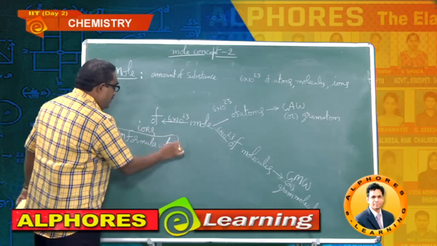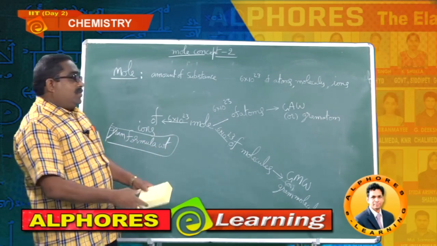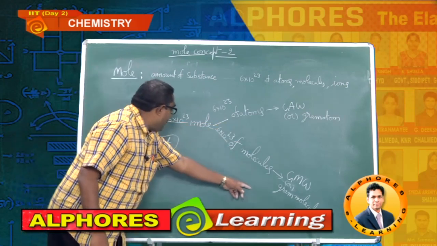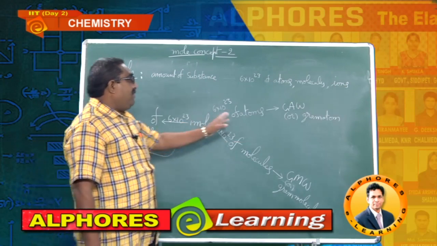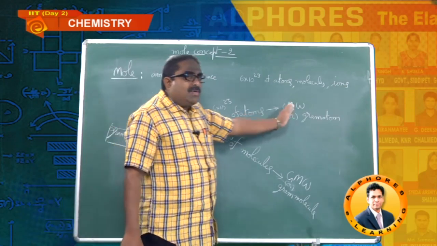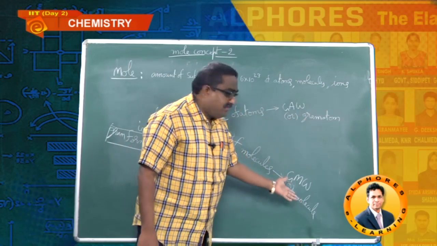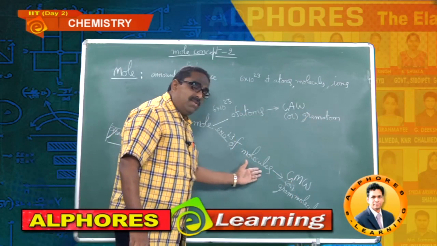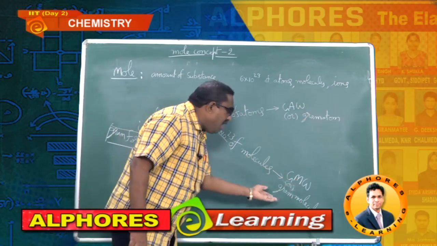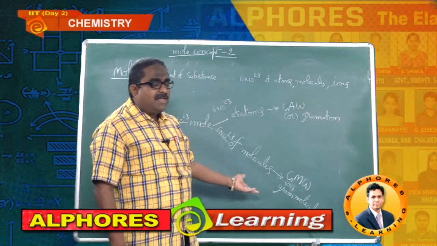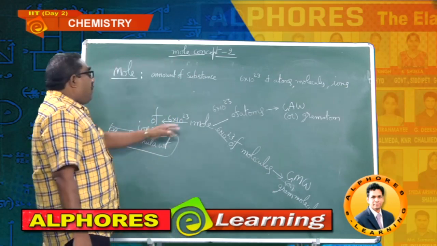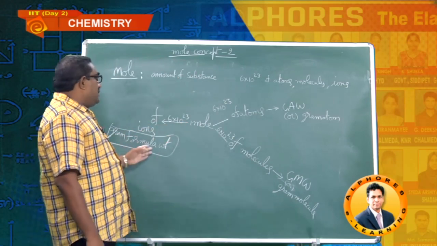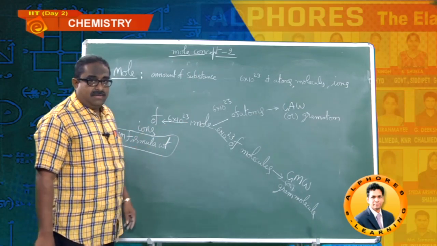So in this way mole can be related to atoms, molecules and ions. 1 mole of atoms corresponds to gram atomic weight, nothing but gram atom. 1 mole of molecules, 6 into 10 power 23 molecules, corresponds to gram molecular weight or gram molecule, or simply you can also call it gram mole, no problem. 1 mole of ions means 6 into 10 power 23 ions. Here you can write it as gram formula weight of that ion.